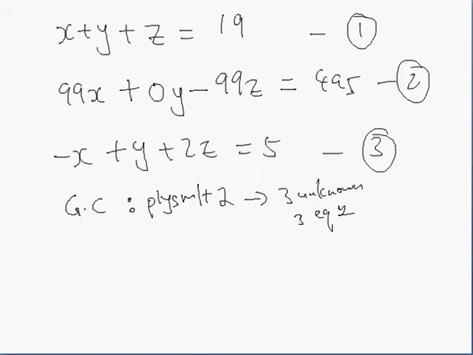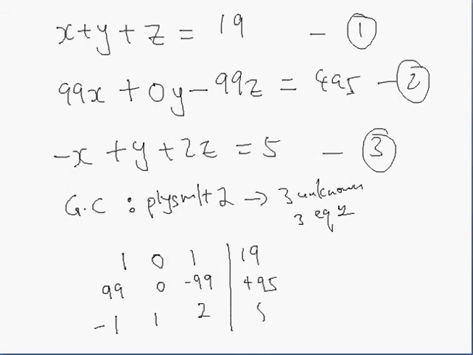So what you should get in the GC, the matrix, should be 1, 1, 1, followed by 19. This is the first row, following the coefficients of the first equation. You do the same for the second and third equation. I have 99, 0, minus 99, and here I should have 495, and the last equation I should have minus 1, 1, 2, and 5.